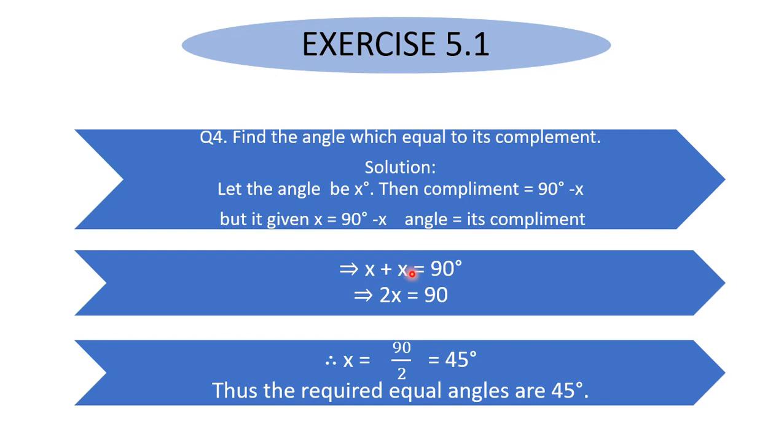So it will become x plus x, and x plus x is 2x is equal to 90 degree, and this 2 will transpose to the right hand side and becomes upon 2. So x is 90 upon 2 and it is 45 degree. So we can say the 45 degree angle is the complementary angle of 45 degree.